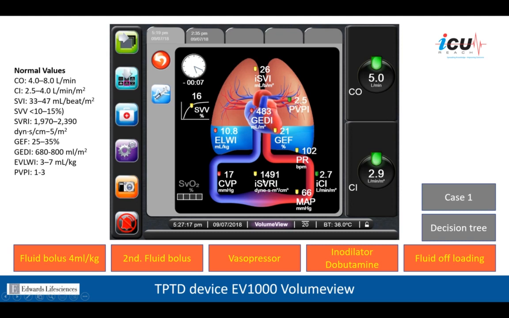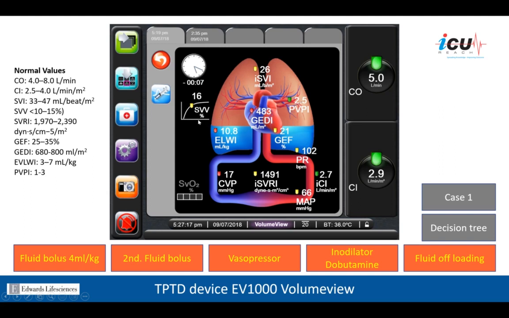The index is 1490, which is decreased. The normal minimum number of the SVRI is 1970. So this indicates that we have a syndrome that is causing vasodilatation. Most likely this patient is septic with decreased preload that he needs fluid for.